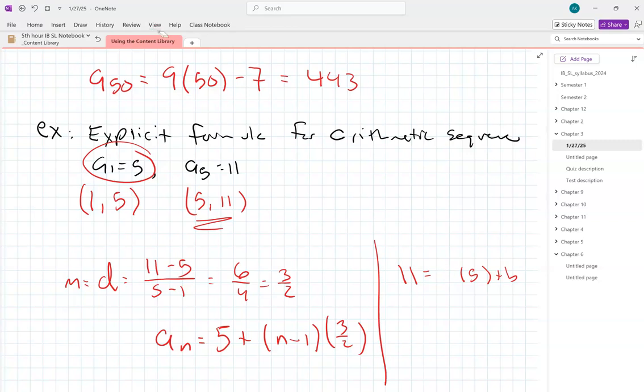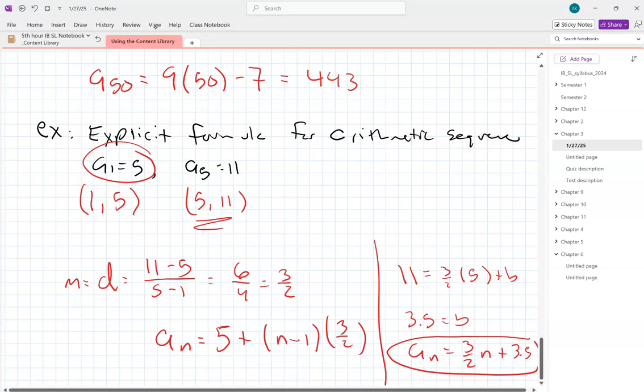Oops, not 9. I'm in the wrong problem still. 3.5 times 5 plus b. So that's like 7.5. So I subtract that over. That's 3.5 is equal to b. So I'd have a sub n equals 3 over 2 n plus 3.5, or 7 over 2 if you want.